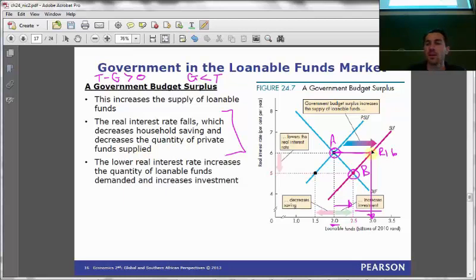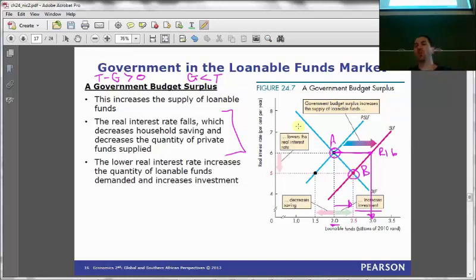Okay? So compared to our initial equilibrium interest rate, there was an increase in government savings, but then because of that increase in government savings, we have a surplus in funds available. Because of a surplus in funds available, there's downward pressure on interest rates. As interest rates fall, people decide to save less, and as they save less, we have a movement along the supply curve.